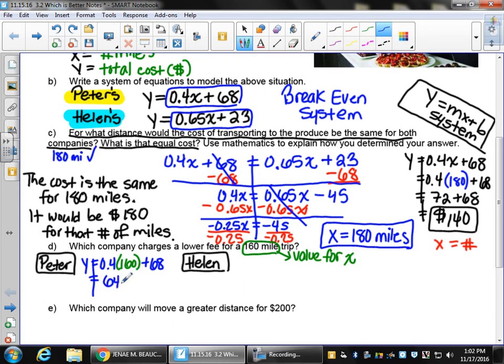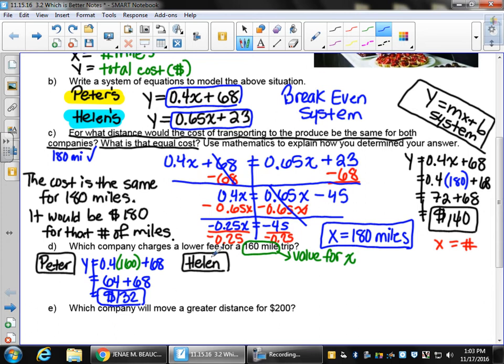Try it on your calculator. Bring down the plus 68. 64 plus 68 is 132. So for 160 miles, Peter would cost this much.